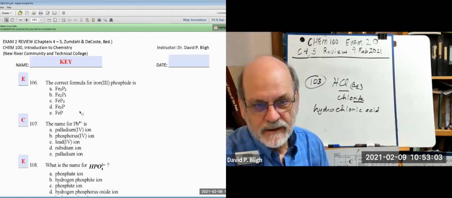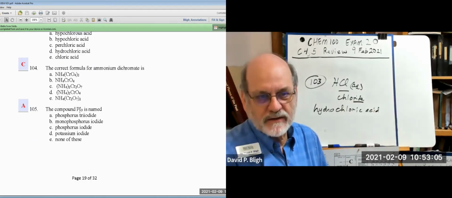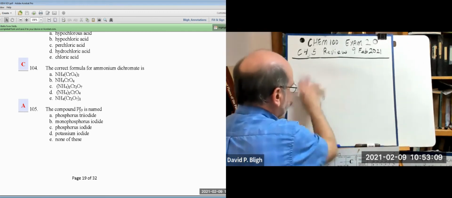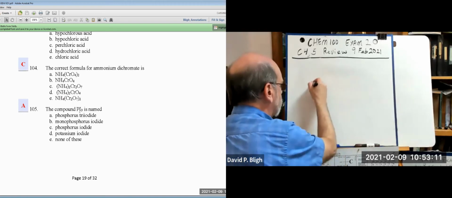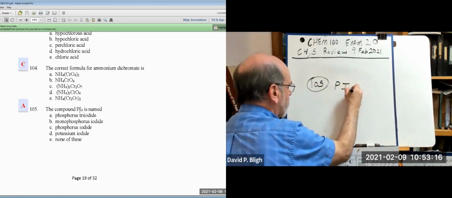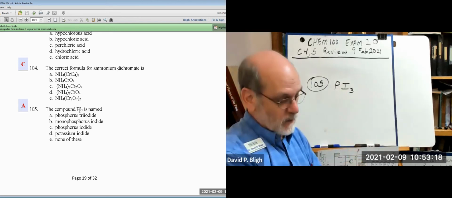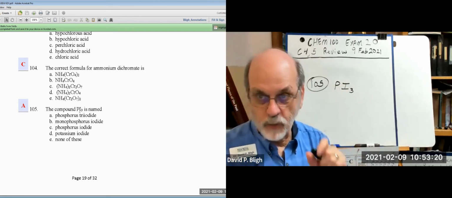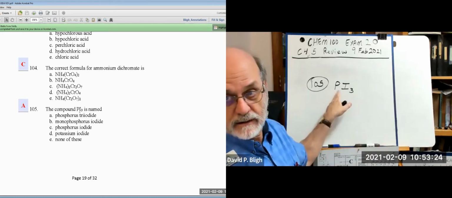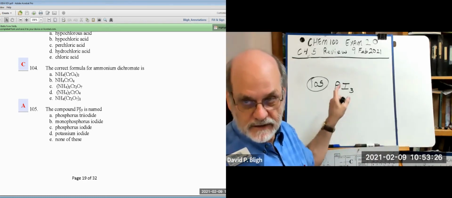105. What's the compound PI3 named? Well, you say, what type is it? Type 1, type 2, or type 3? Right? You got a nonmetal and a nonmetal. It's a type 3.